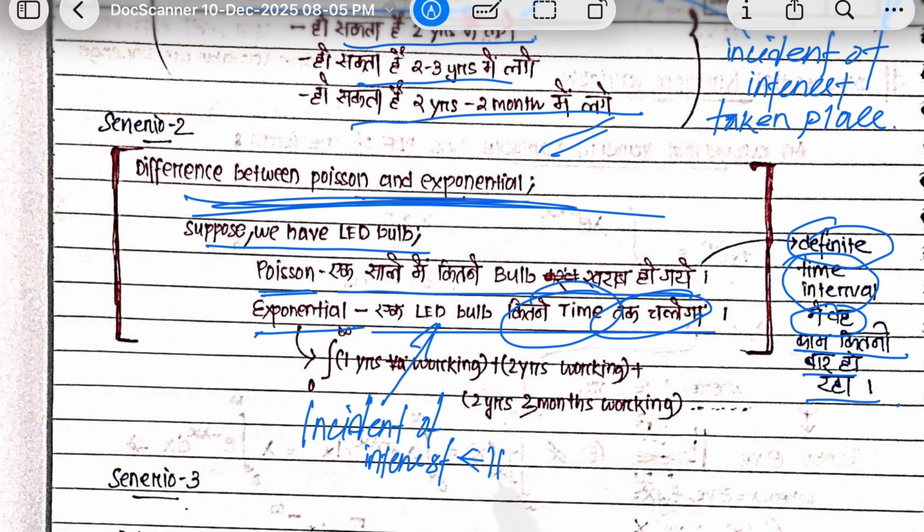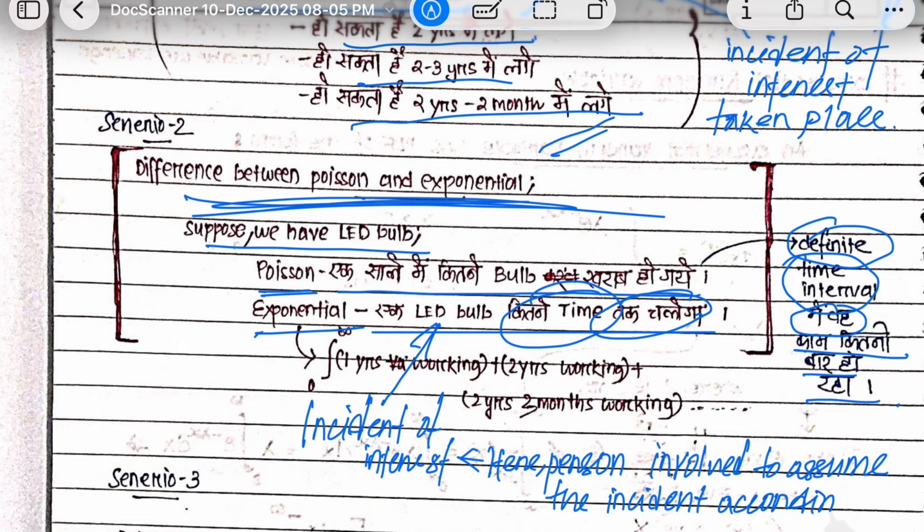Here the person involved assumes the incident according to his or her interest. But in Poisson, there is no involvement of a person to assume the incident.